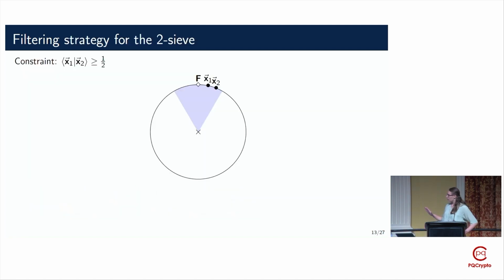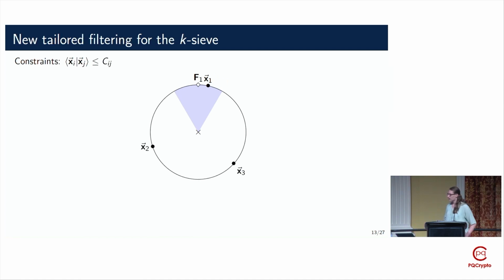In a nutshell, the filtering strategy for the 2-sieve can be represented like this. We have x1 in filter f, and we search for a reducing vector with x1, so we search for x2 in f. However, when we are searching for a configuration of vectors, so here we have 3 vectors and we want to find a balanced configuration, we see that they just don't fit into one filter.